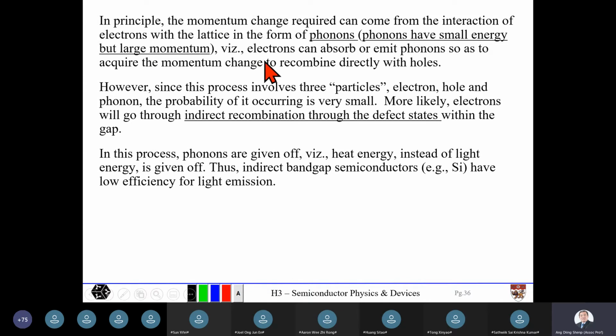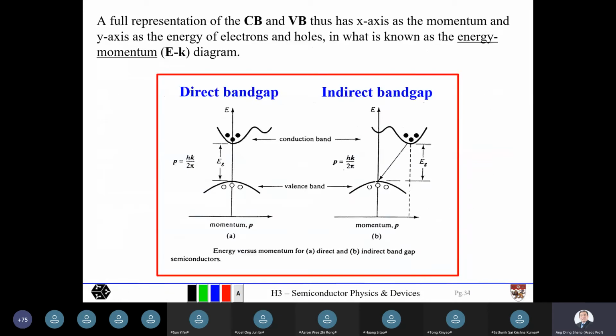That can help the electron change its momentum, and if the change is of the correct amount, then recombination can happen. This process involves three particles: electron, hole, and the phonon, or the vibrating atom. Because of that, the probability of it occurring is very small. Therefore, in the indirect band gap semiconductor, most of the recombination events happen through the defect states.